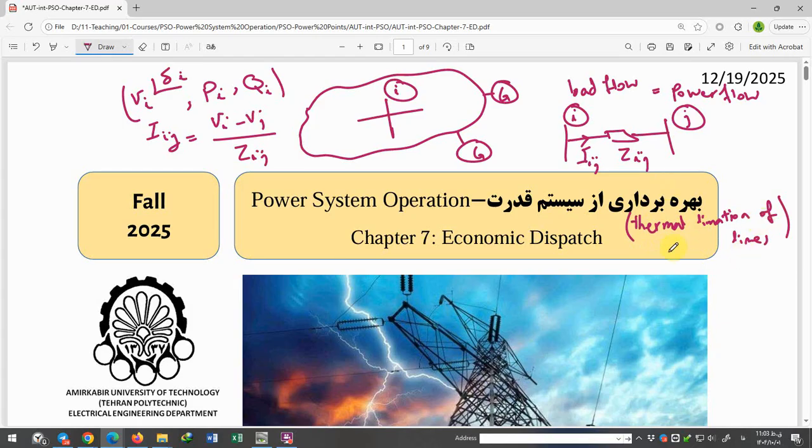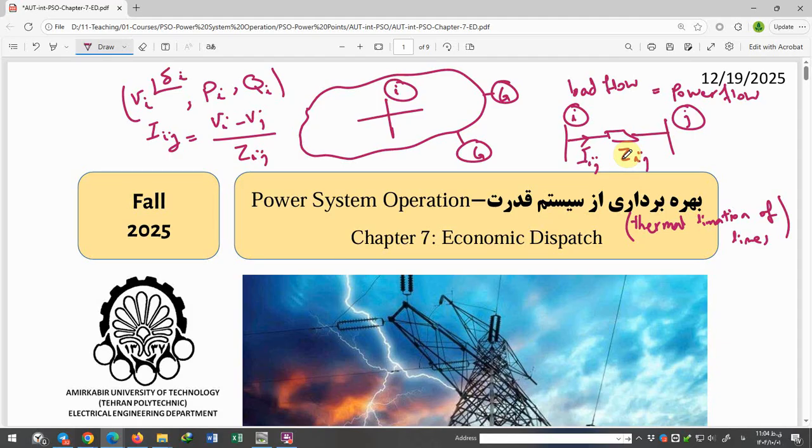This means that you cannot flow more than a limit of current in a specific line, and its physical and electrical limitation makes you limit the current.